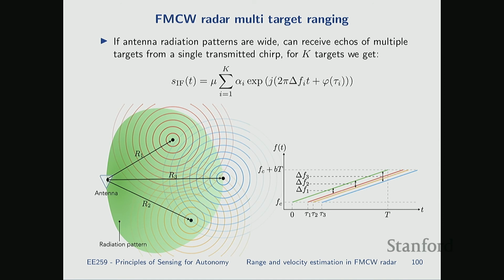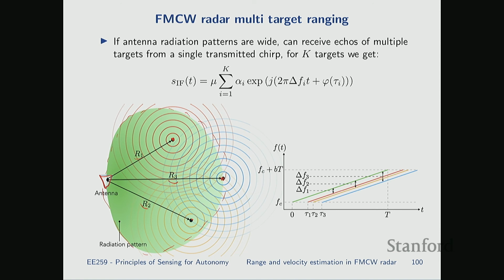Here it is in a visual manner. If you have one antenna with a very wide radiation pattern, this green thing is the radiation pattern of your antenna, radiating a very wide angle. In this case, we have 3 targets that are being hit, and all 3 are echoing at the same time at ranges R1, R2, and R3.